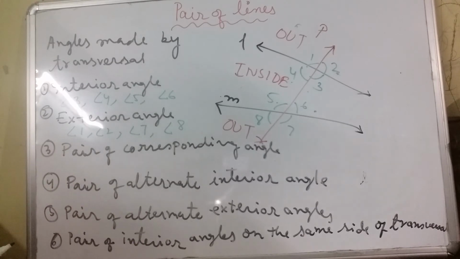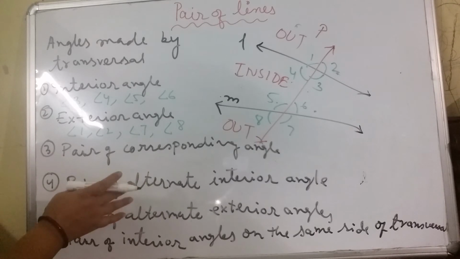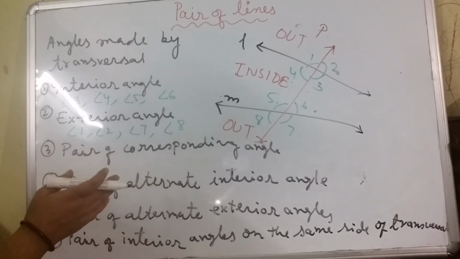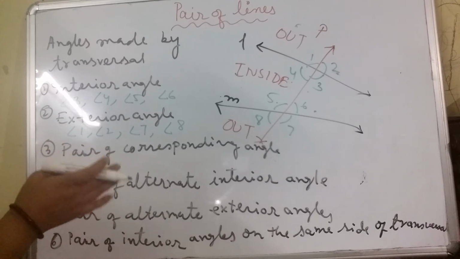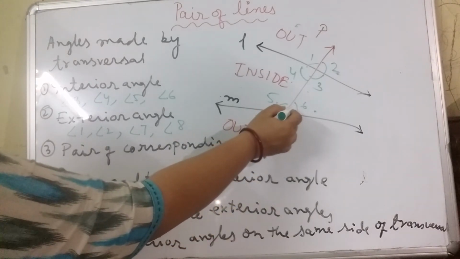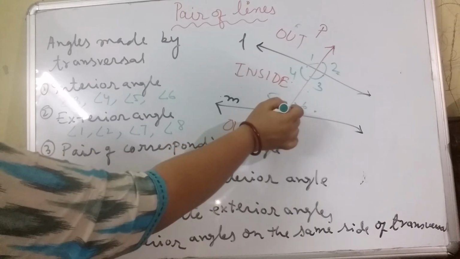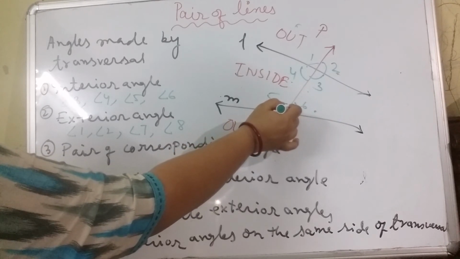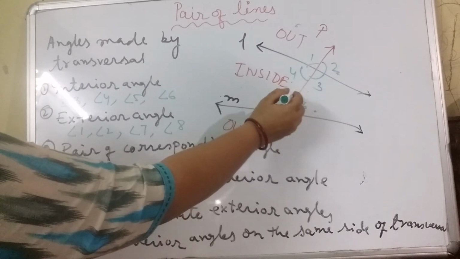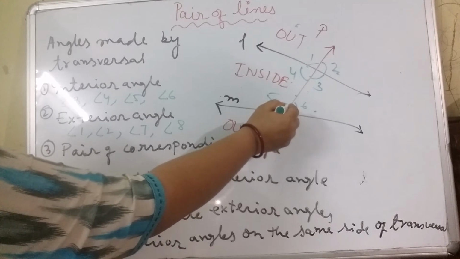Next is pair of corresponding angles. Corresponding angles means those angles located at the corresponding position of two lines. Corresponding position means same position. Okay. Now if you look at this angle, angle 6, the position of angle 6 is towards the right hand side of this transversal.